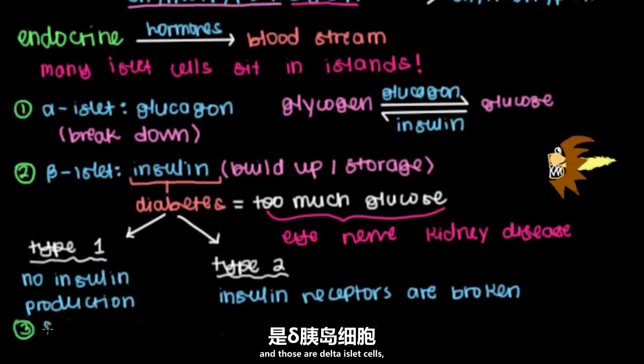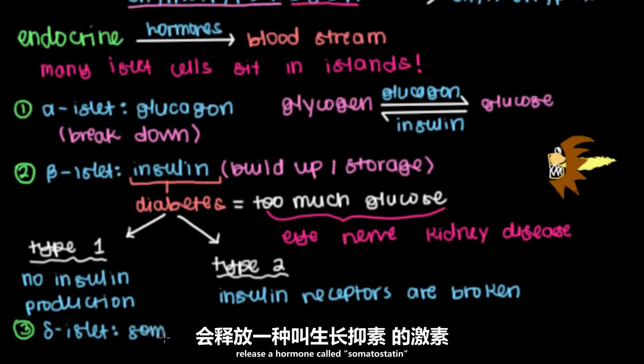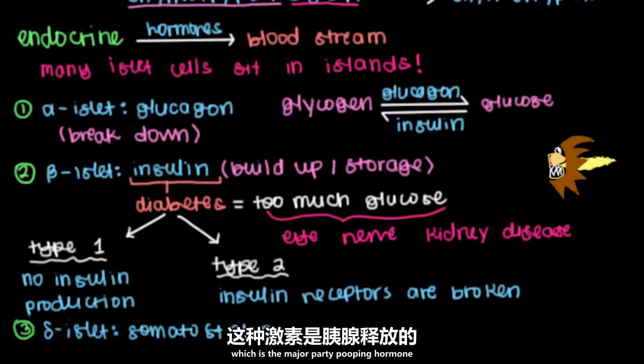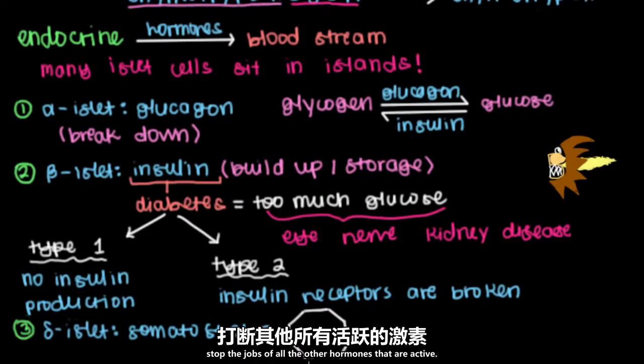and those are delta islet cells, and these are the guys that release a hormone called somatostatin. Somatostatin is the major party-pooping hormone released from the endocrine pancreas, because its main job is to stop the jobs of all the other hormones that are active.